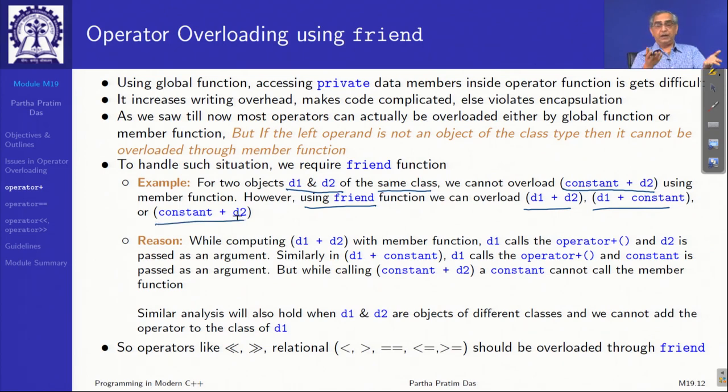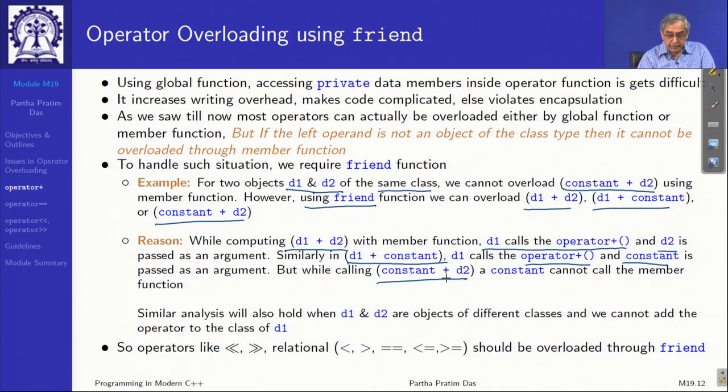Friend in this case is like the global function, except that it does not break the encapsulation for everybody. The reason is, while computing d 1 plus d 2 with a member function, d 1 calls operator plus and d 2 is an argument. Similarly, for d 1 plus constant, it calls operator plus and the constant is the second argument, but when we have constant plus d 2 we cannot do it, because the constant cannot call a member function.